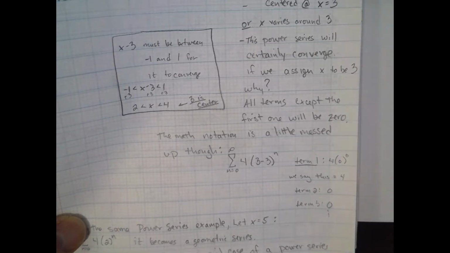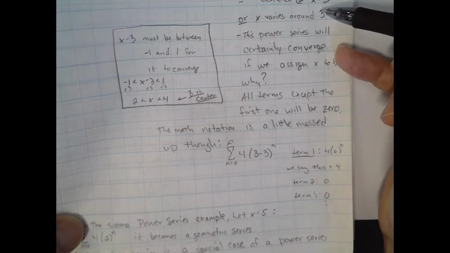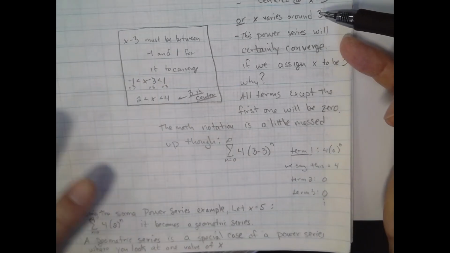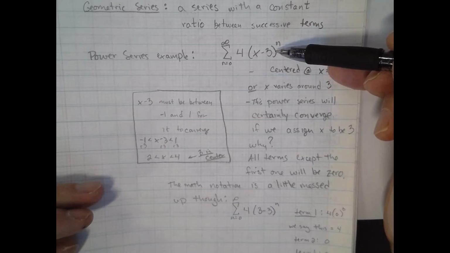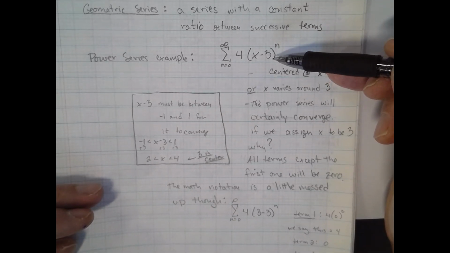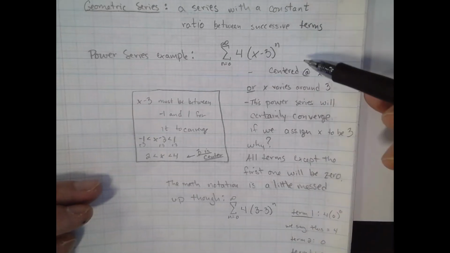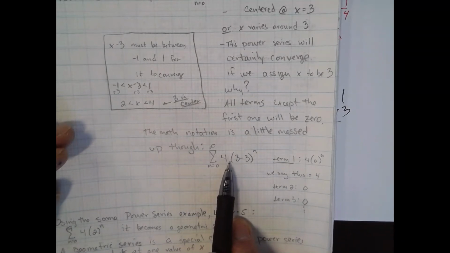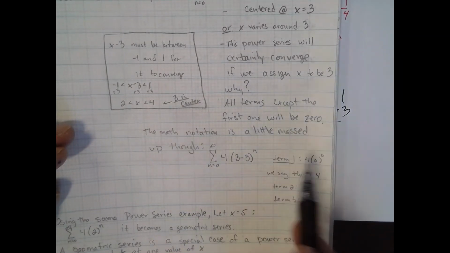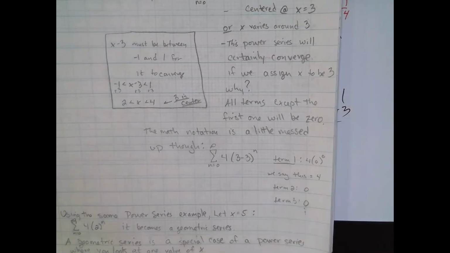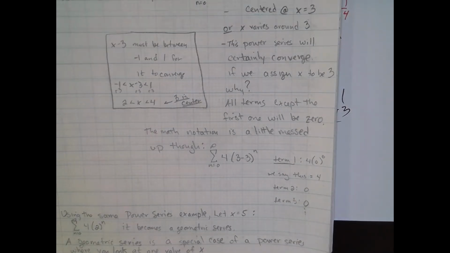This is just showing why it converges at 3. It actually makes up some math, some weird math. So we said that it's assumed to always converge at 3 because that's the center. Because if you plug 3 in, you're going to end up getting 0. And you're going to end up getting 4 times 3 minus 3, so you're going to get 4 times 0 to the 0. And we know that 0 to the 0 is indeterminate, but in this case, it's convenient to just say 0 to the 0 is 1.